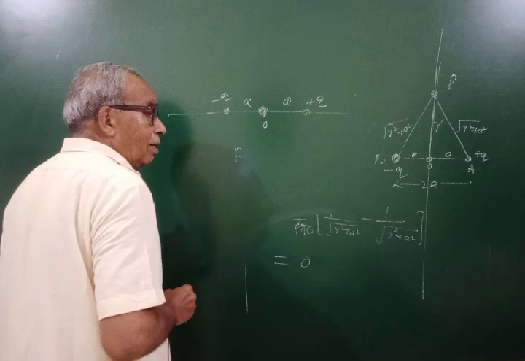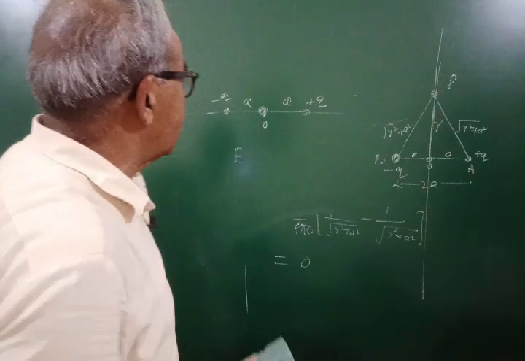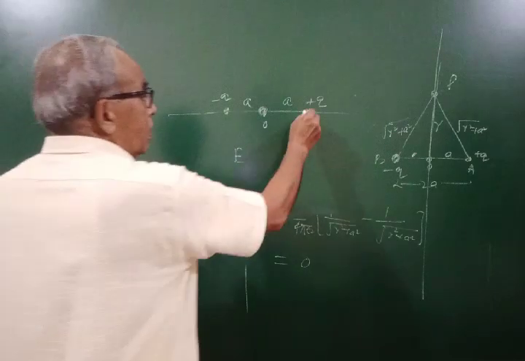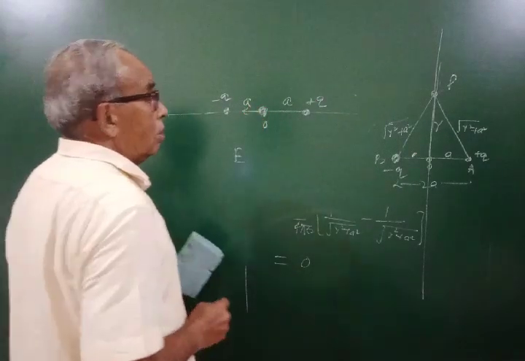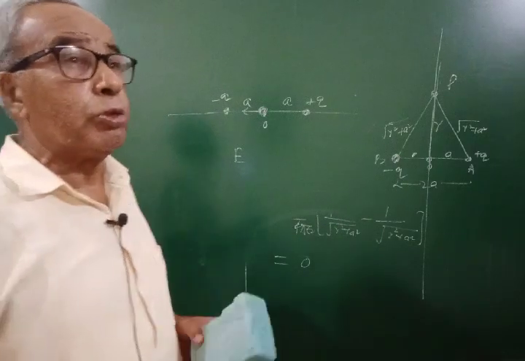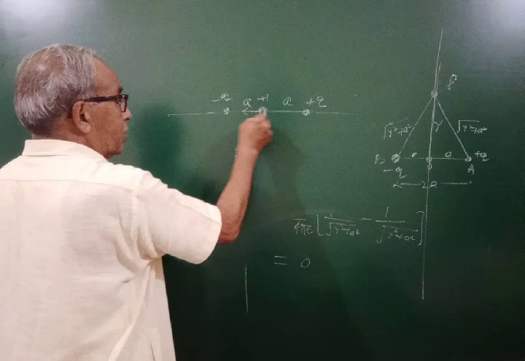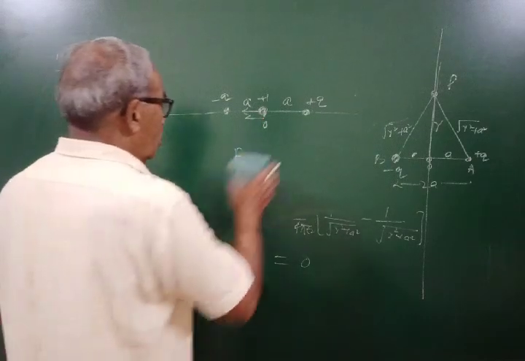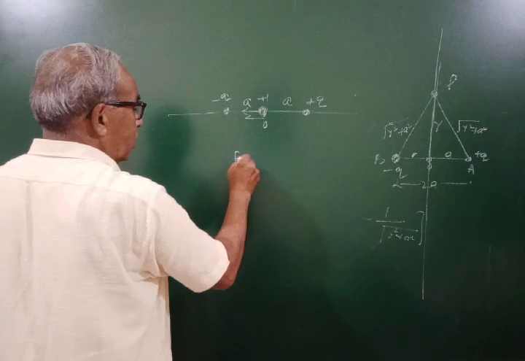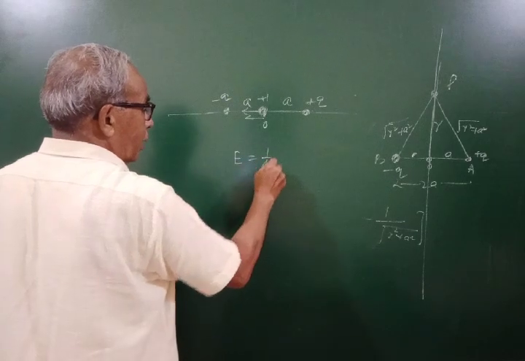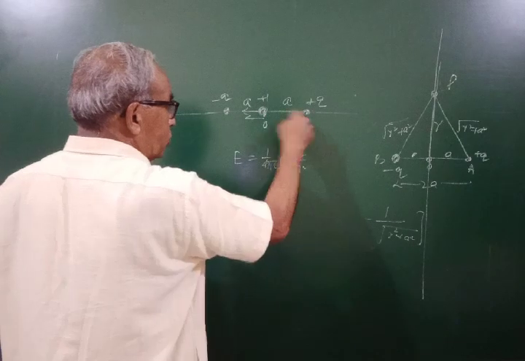Actually, electric field is different from potential because electric field is vector quantity. Electric field due to point charge Q will be in this direction because electric field is a force on unit positive charge. If you put plus 1 coulomb charge, it will repel, it will be attracted. So here field is not 0, field will be 1 upon 4 pi epsilon 0 Q upon a square due to this one.